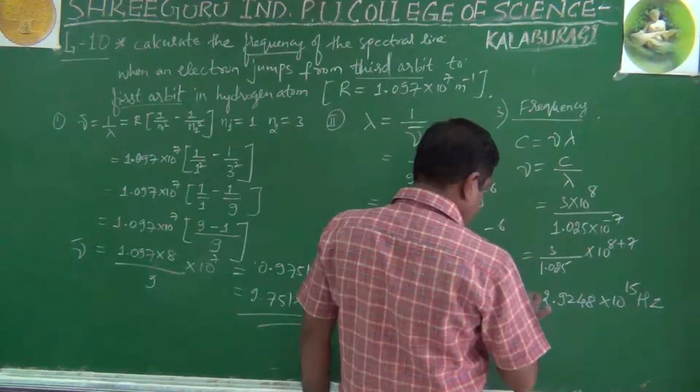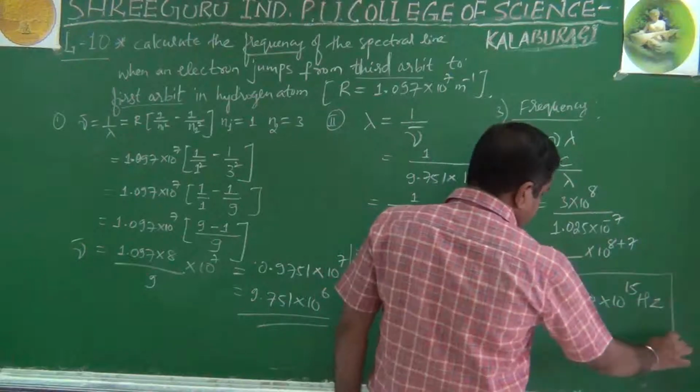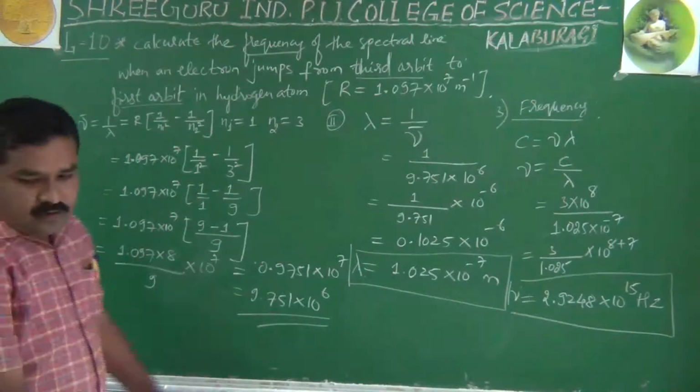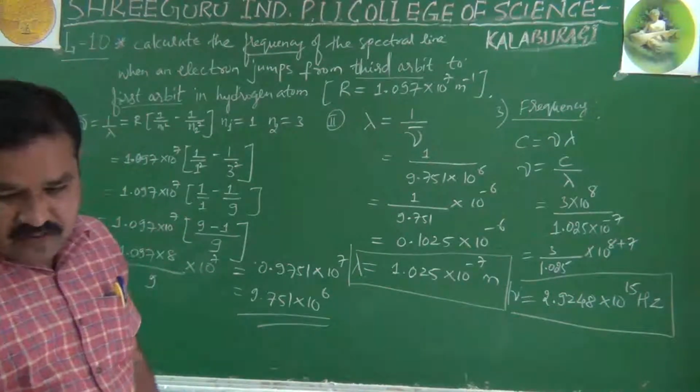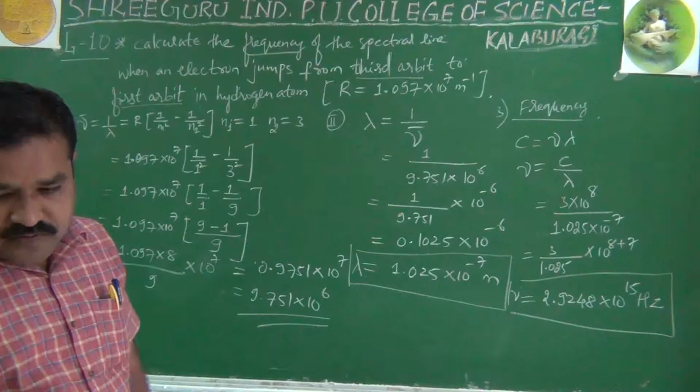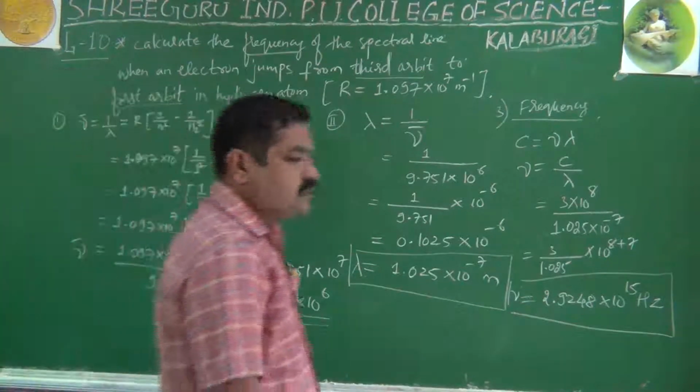This is the final frequency of the spectral line when an electron jumps from the third orbit to the first orbit, that is 2.9248 into 10 to the power 15 hertz or cycles per second.